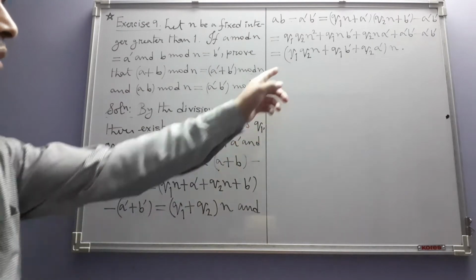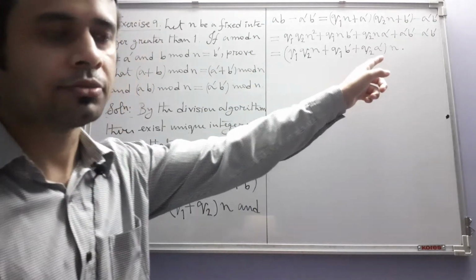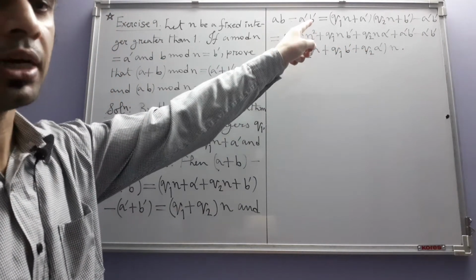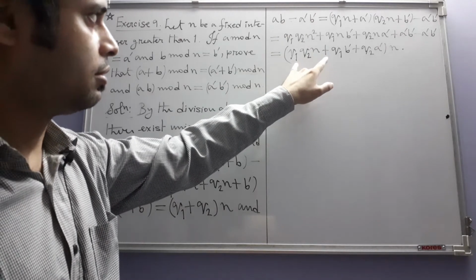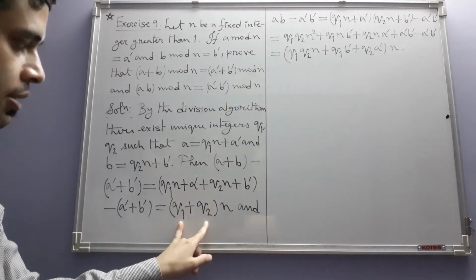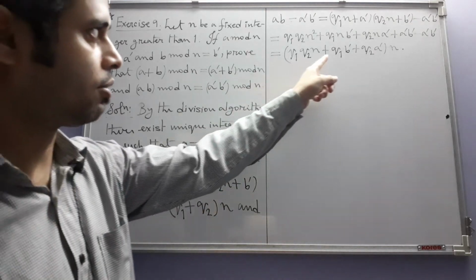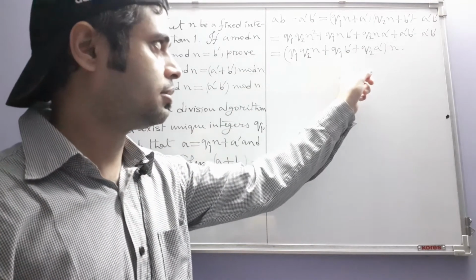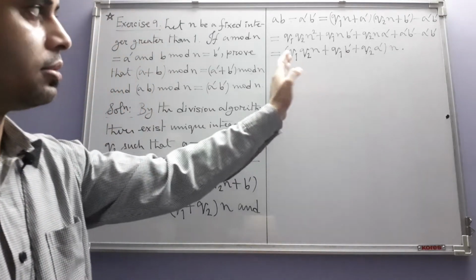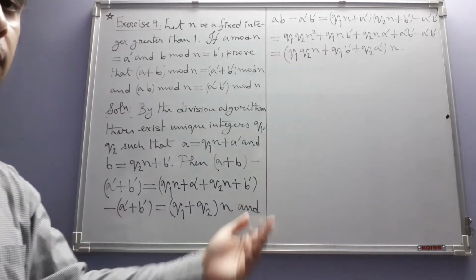So this is again an integer multiple of n, so n divides this difference. Integer multiple, because here you see q1 and q2 are integers, so their sum is an integer, and all the symbols that you are seeing, they are integers, so this expression is an integer.